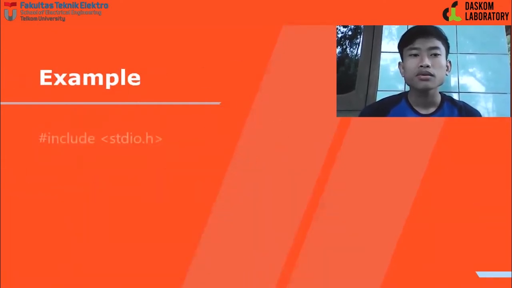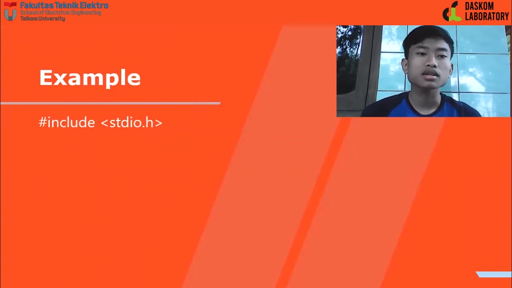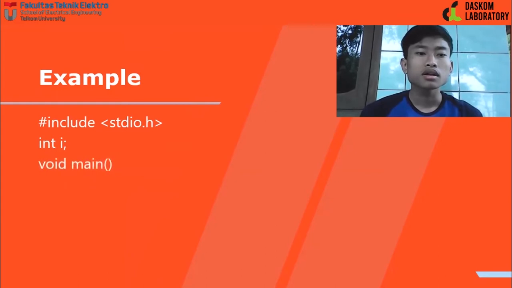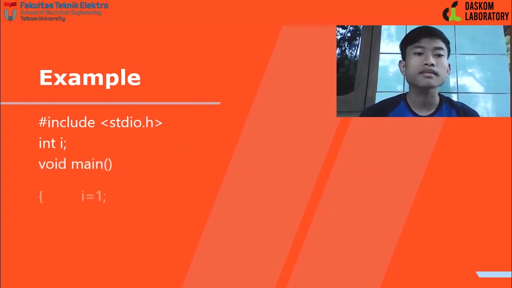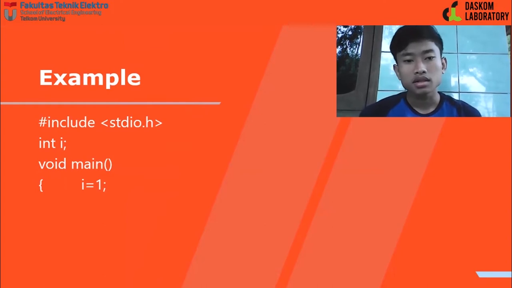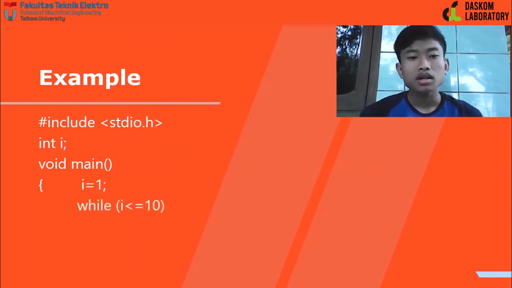For example, we have here include stdio.h, and then we have I variable as integer, and void main as main function. Now, in this case, we assign the I variable with 1, and then we have while loop with the condition I less than 10.